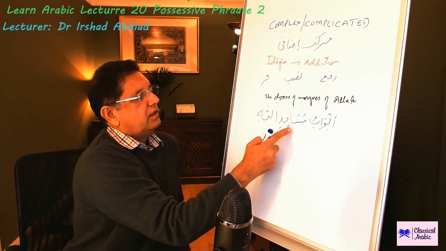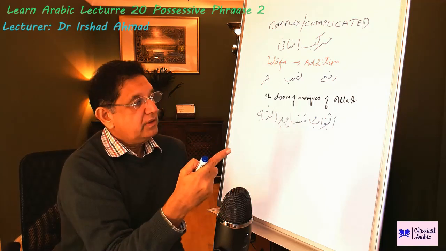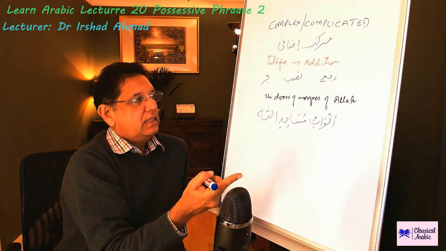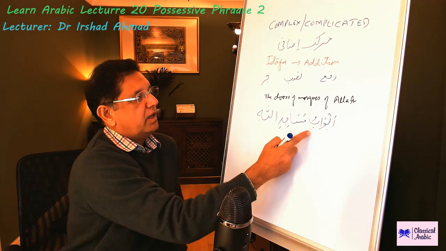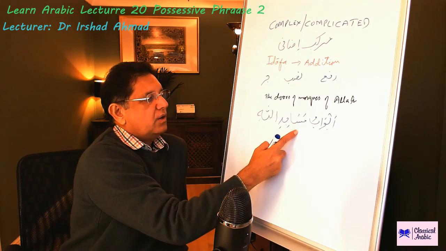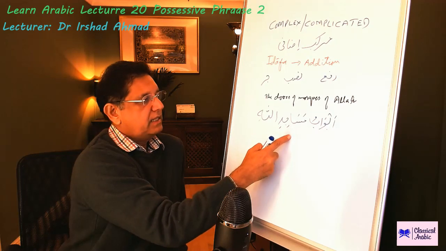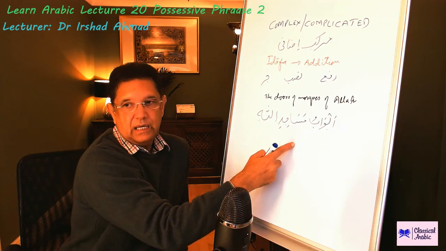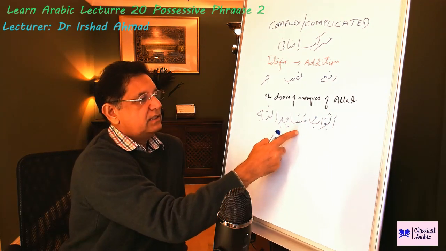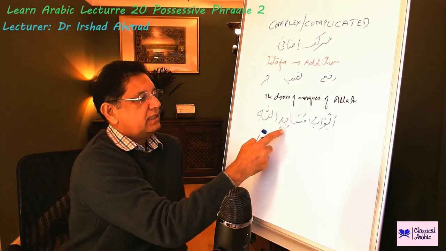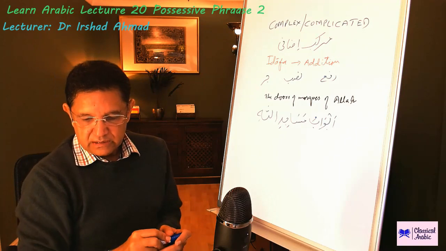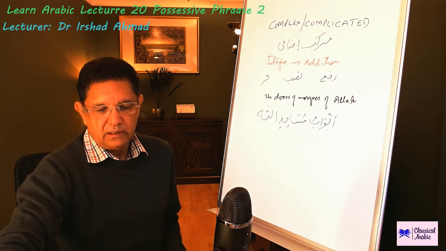If we were going to stick to the rule that Ghair Munsarif Asma do not take kasra in jar, then it was going to be abwabu masajidallahi, but that's not the case. When these nouns take the position or the place of mudaf ilayh in a phrase or in a sentence, then they do accept kasra in the state of jar. And here masajid is in the state of jar because of the mudaf ilayh of abwab. So that was one of the important points to be clear about.